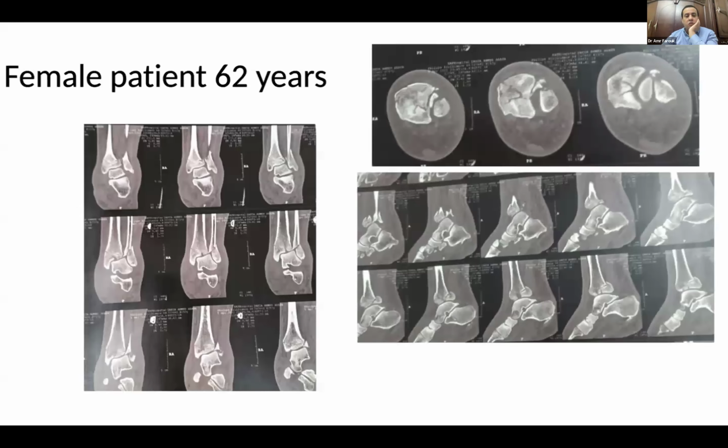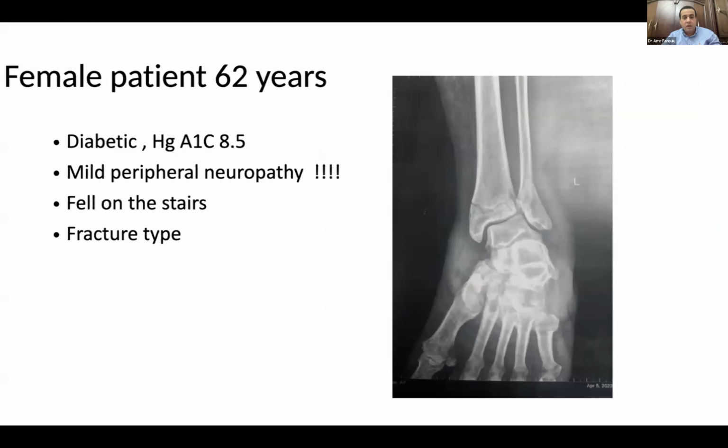My question to all of you is, any concern about these conditions that the patient is diabetic, hemoglobin A1C is 8.5 and she is having peripheral neuropathy? Does it make any change in my decision or in my method of treatment?